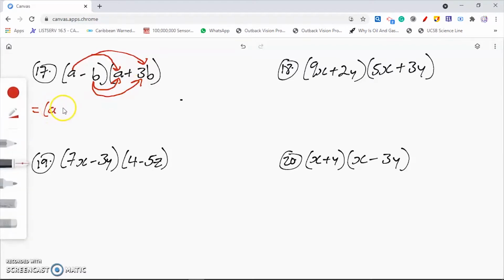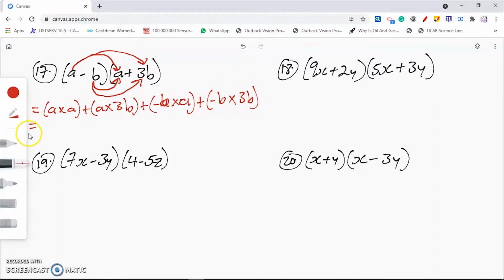So we have a times a plus a times 3b, plus negative b times a, plus negative b times 3b.